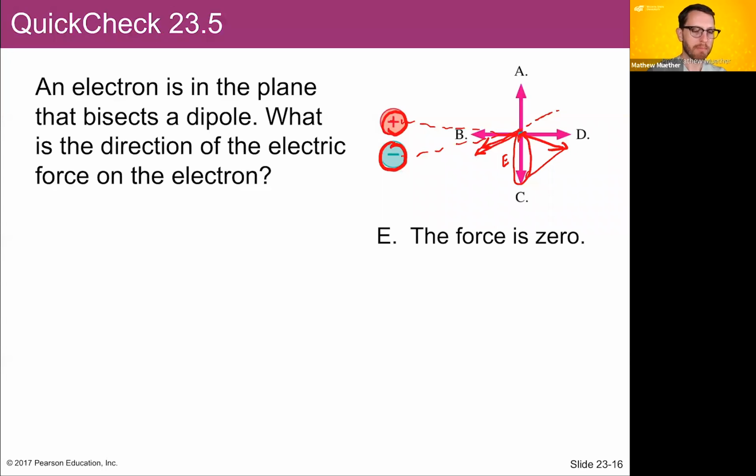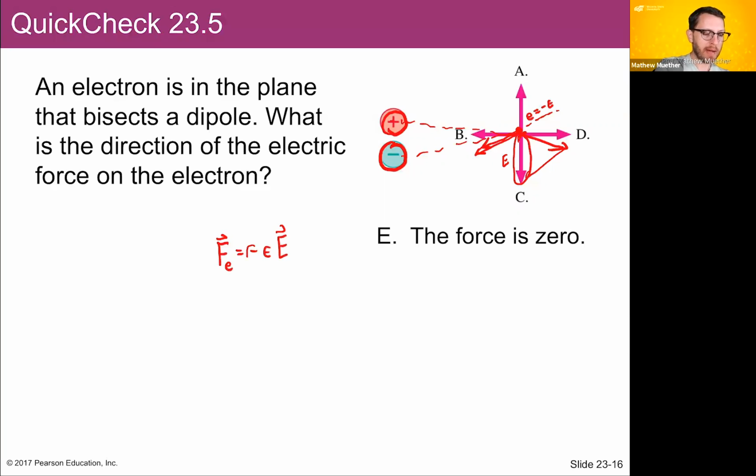But now I'm going to put a negative charge here. So remember, the electron has something like minus a fundamental unit's worth of charge sitting on it. So what does the force look like? The force acting on that electron is going to look like minus a fundamental unit of charge times that electric field.